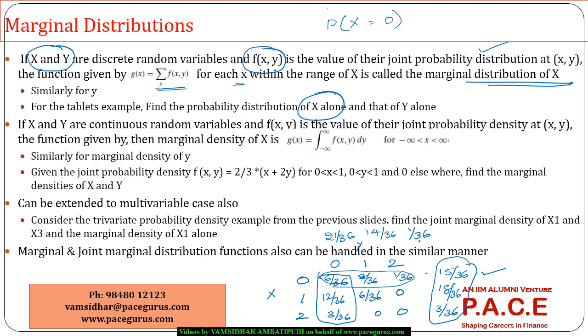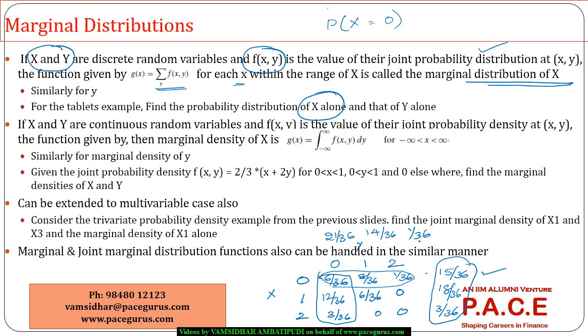When we are doing row totals, we are getting the marginal distributions of x. So that is the way, in a discrete case, from the joint probability distribution values, I can very well find out the marginal probability values of x and y.